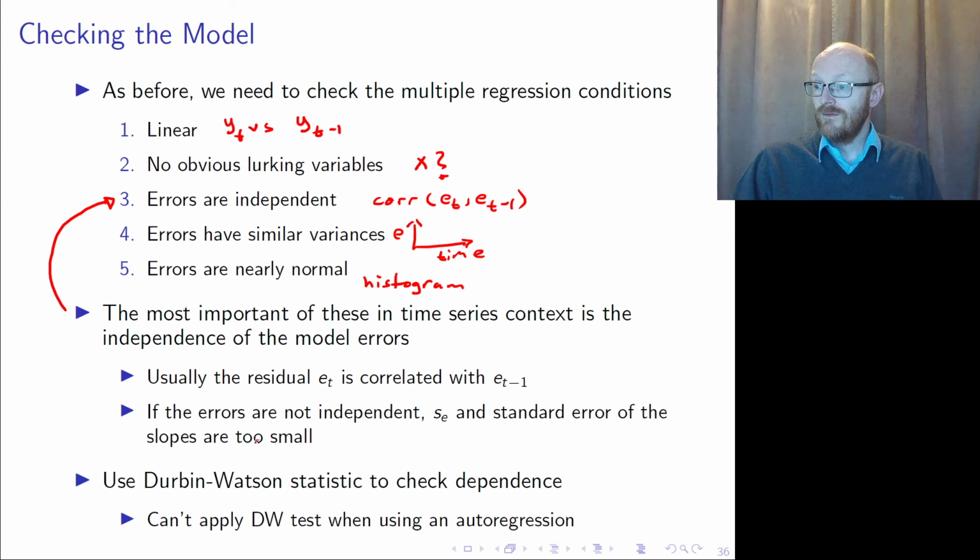So if they are not independent, then you can't really trust the standard errors of the slope, okay, which gives you the impression that you have a better model than you actually have.